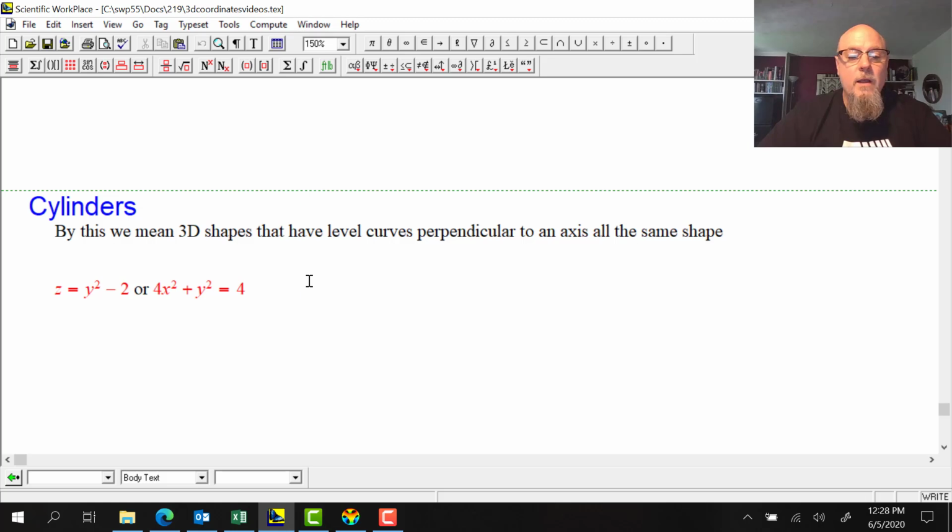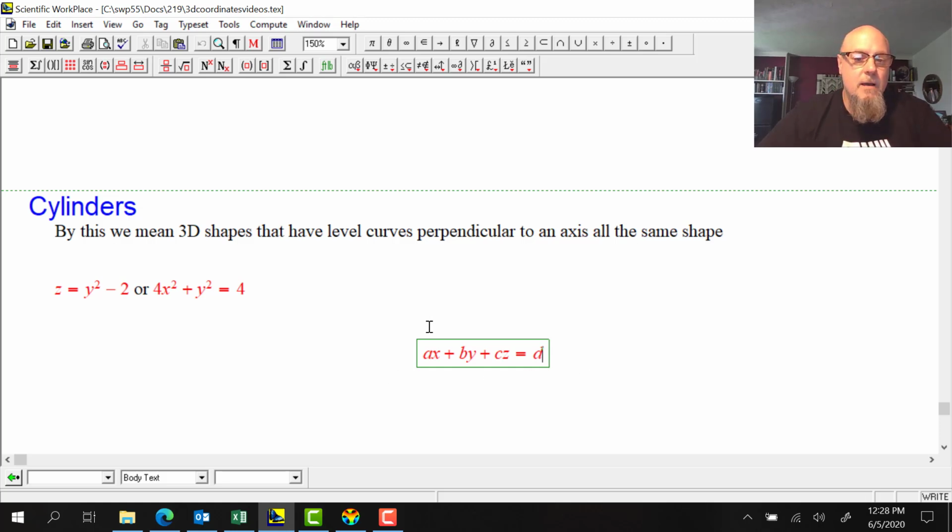Let's do one more as an idea here, just to riff off. We've already seen planes. If I want to do a cylinder that's a plane, I have to write down our general scalar equation of a plane, ax plus by plus cz is equal to d. If it's going to be a cylinder, I need to have one of these variables missing.